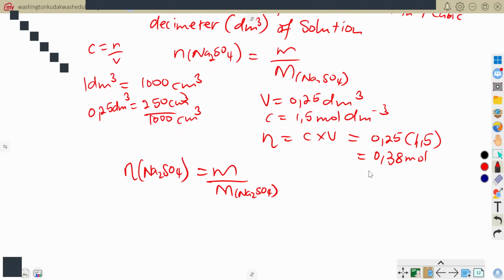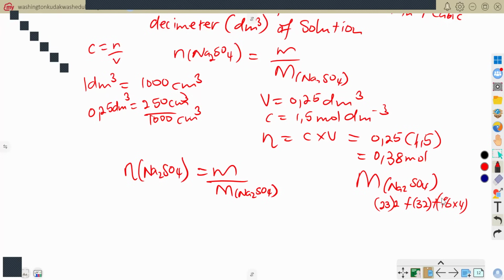So all I need is to calculate the molar mass of sodium sulfate. It would be given by 23 times 2 plus 32 plus 16 times 4. So we need to find the total of those.